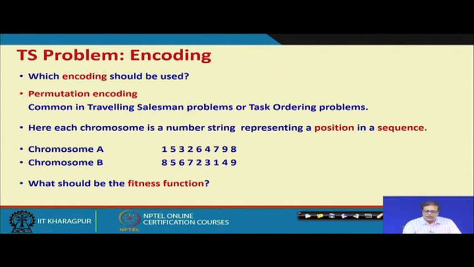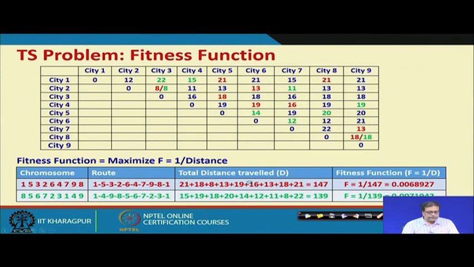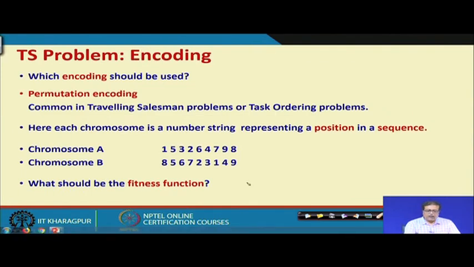It is interesting to note that 8 5 6 7 2 3 1 4 9 is actually the same as 1 4 9 8 5 6 7 2 3.